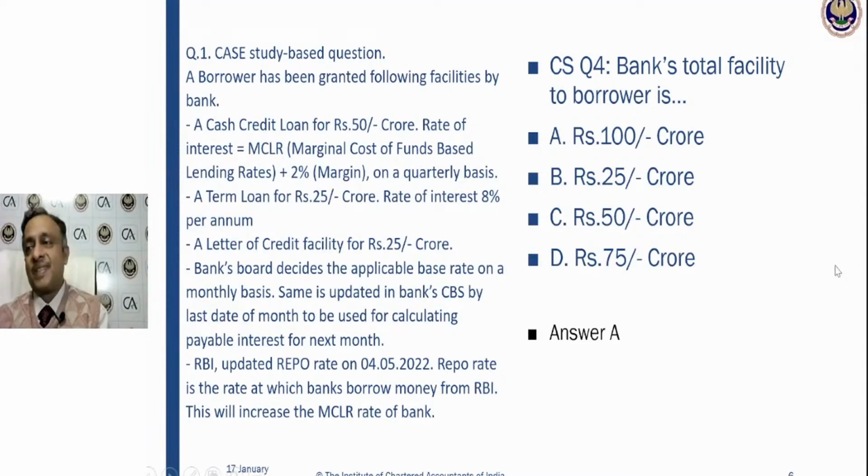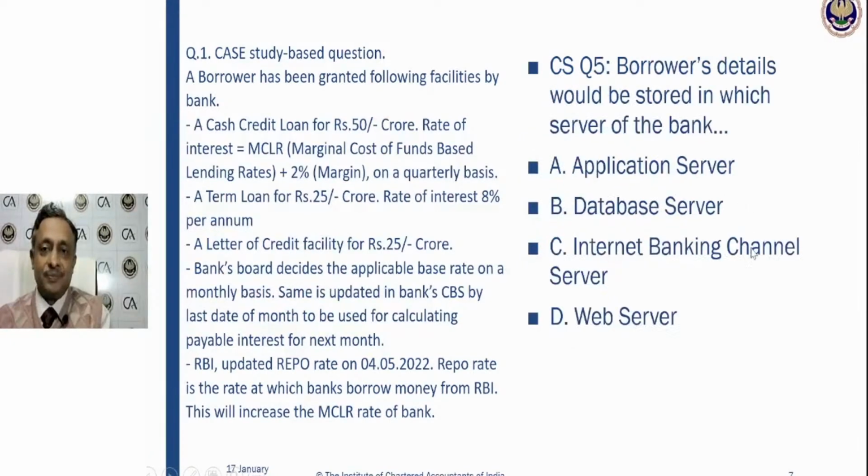Good. So Manoj and Kozema, yes. So 50 cash credit, 25 term loan, and letter of credit. That is also facilities. 100 crores. The question is total facility. Yes, 100. Karthik, Sumit also correct. Yes. Nafisa, 100.